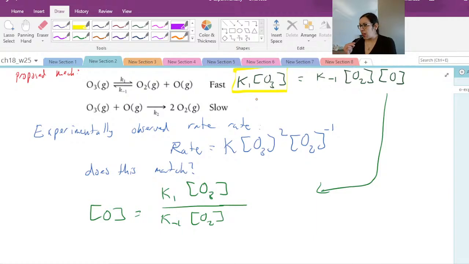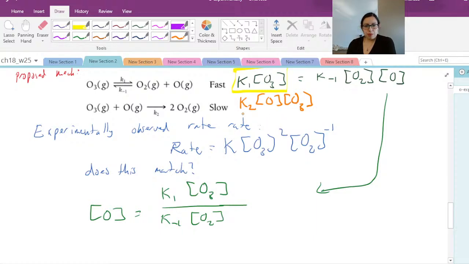What'd you get? So what happens in the second step then? Yeah, and so right, that's all we need to write for our second step is so K2 is dependent on that lone oxygen plus ozone, right? So that's all that we're saying here.